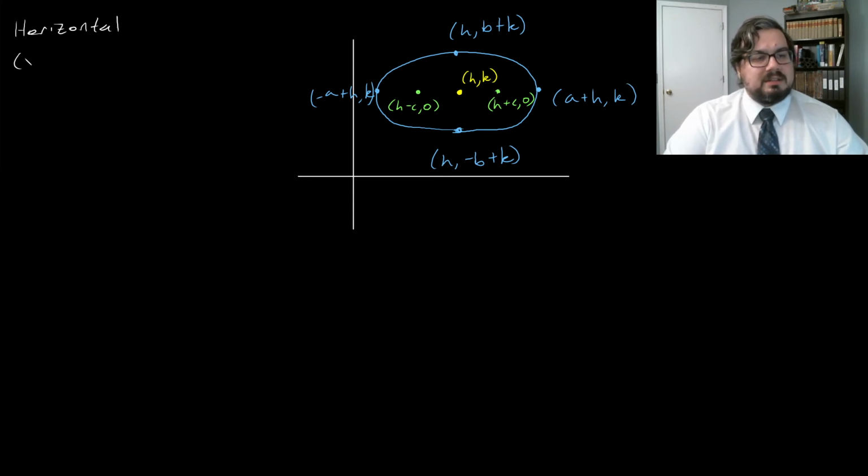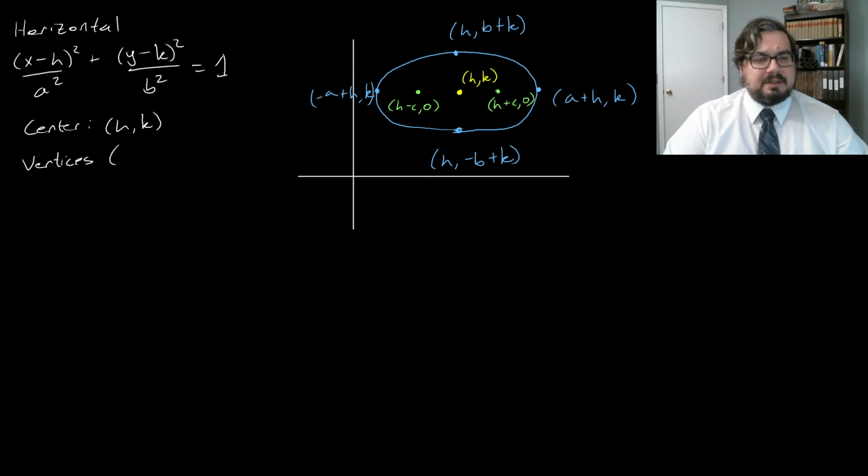ellipse. The horizontal ellipse with equation x minus h squared over a squared plus y minus k squared over b squared equals 1 has a center at the point h comma k, has vertices at the points that we sketched out here: negative a plus h comma k, a plus h comma k, h comma b plus k, and h comma negative b plus k.